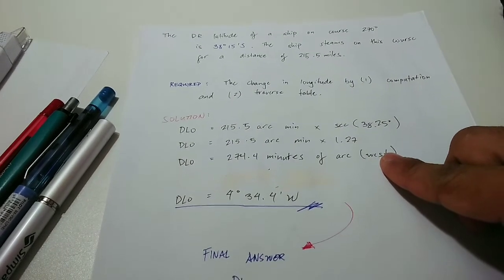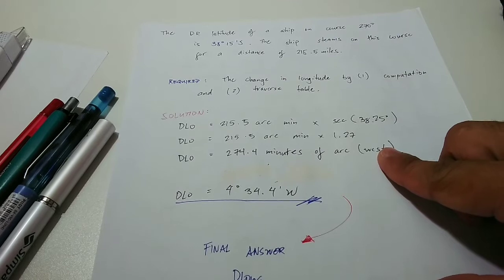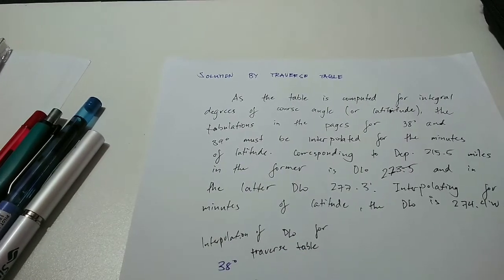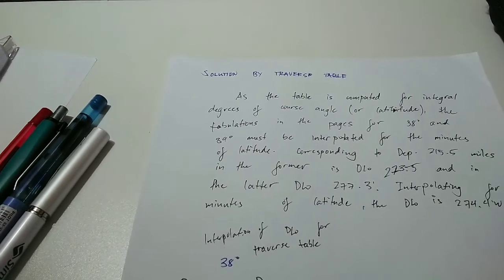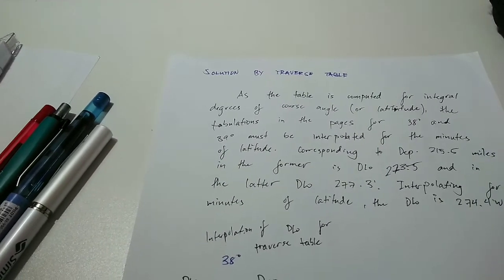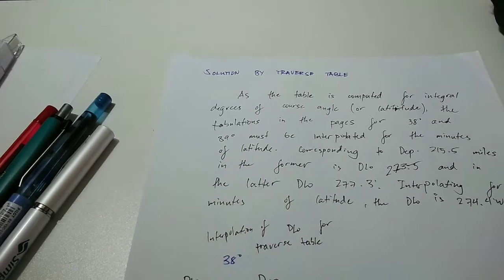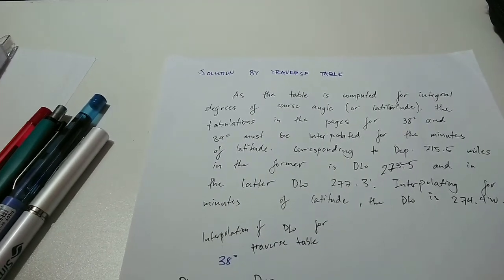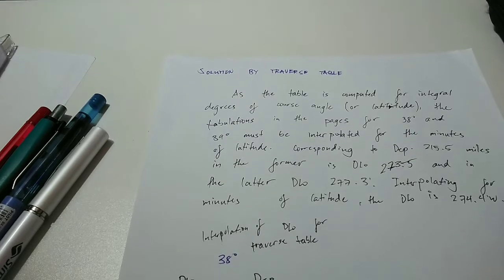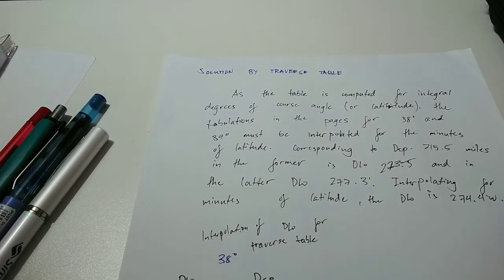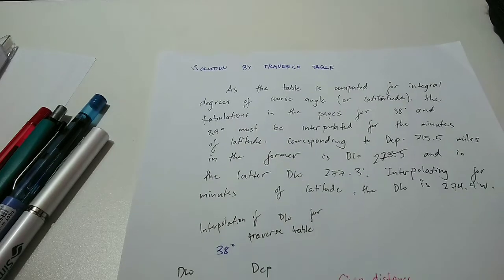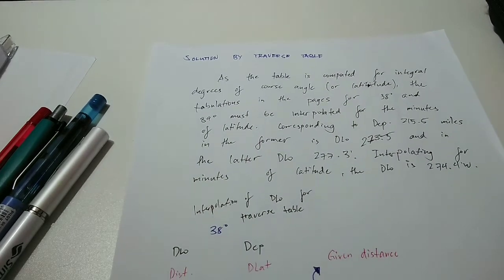Then if we solve it using the table, which is computed for integral degrees of course angle or latitude, the tabulation in the pages for 38 degrees and 39 degrees must be interpolated for the minutes of latitude corresponding to departure 215.5 miles.